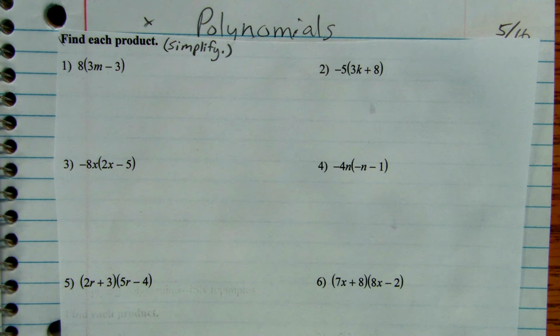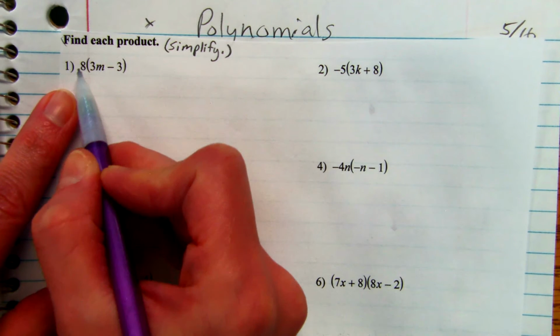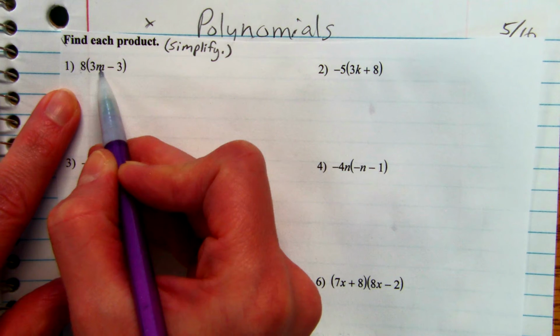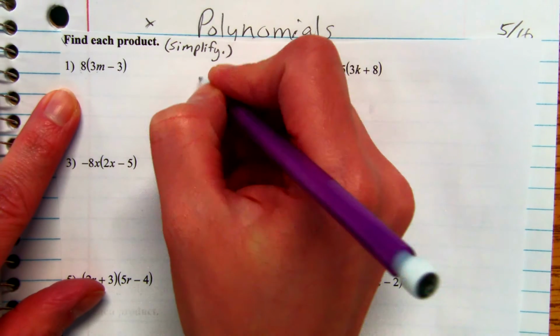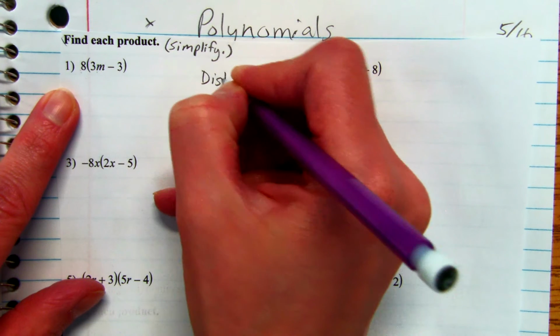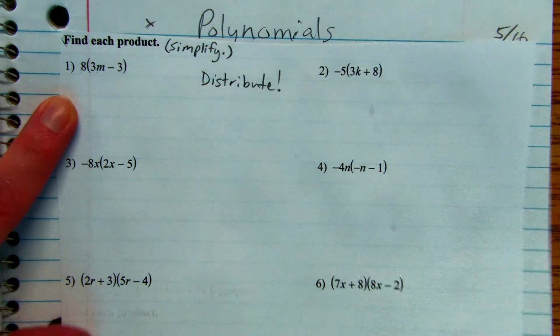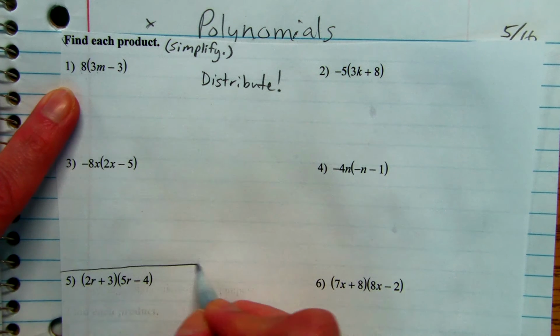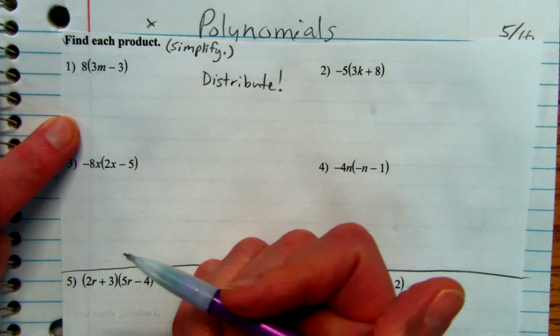All right, so for this first part, we have a monomial on the outside, just one term, multiplied by a binomial with two terms. So for this part, we are just going to use the distributive property. So I'm just going to write distribute, and that's what you're going to do for 1 through 4. So if you want to draw a line, kind of separate that, that's what we do for these.